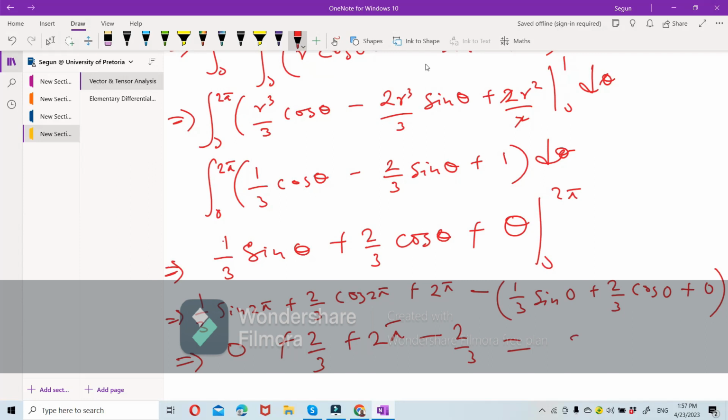So at the end of the day, we have 2 pi. So this will go with this. So that is how we solve this problem. All you need to do, you can pick any of the methods, they are safe. It is easier for you to solve them.